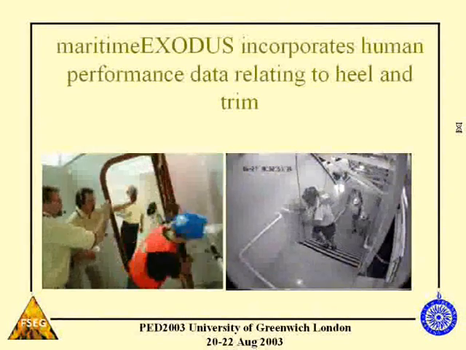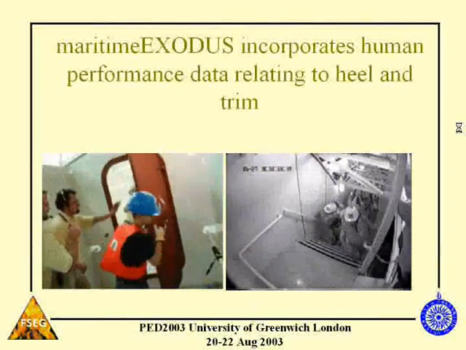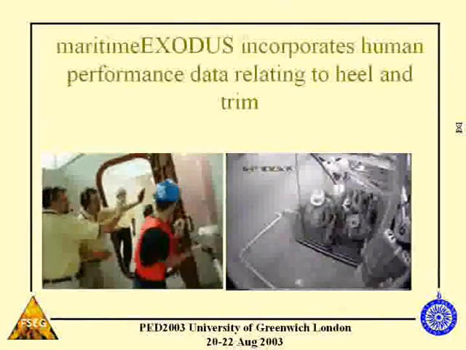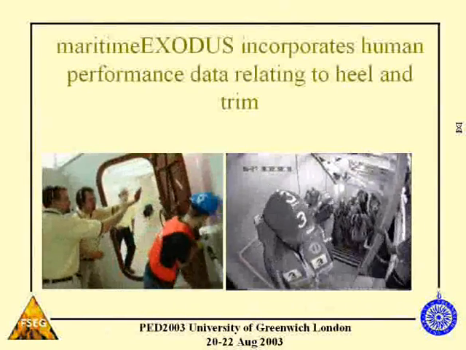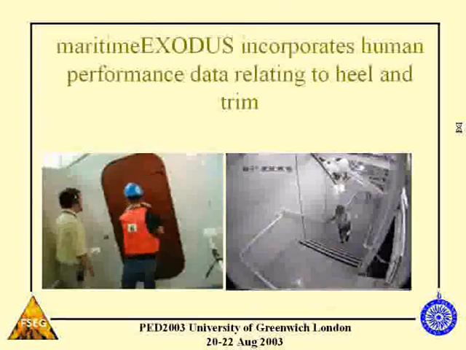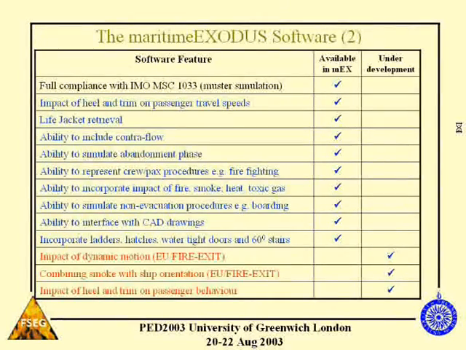maritimeEXODUS incorporates a lot of human performance data relating to ships, e.g. heel and trim. Here we have an example of data being collected for a watertight door at various angles, and here we have 60-degree stair or incline ladder data being collected. maritimeEXODUS includes all the requirements and goes beyond the requirements for the IMO regulations.